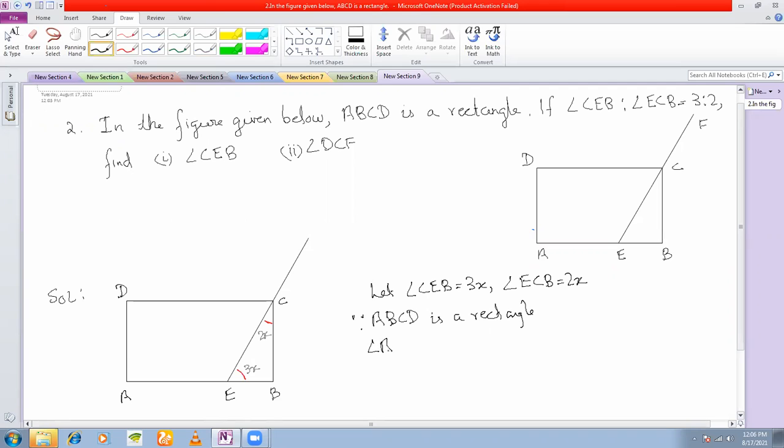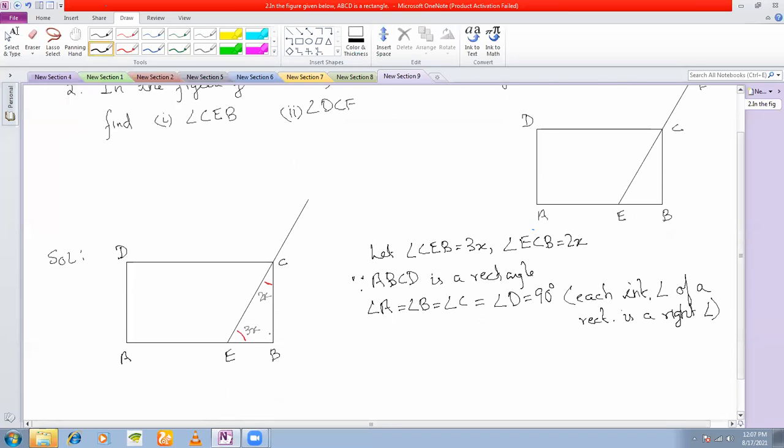So angle A is equal to angle B is equal to angle C is equal to angle D is equal to 90 degree. Reason is each interior angle of a rectangle is a right angle, right? So that means this angle here is 90 degree. Let's mark it with the pencil. This angle here is 90 degree, angle B, right?